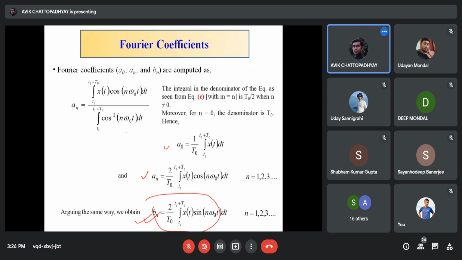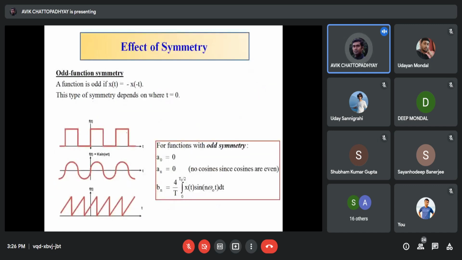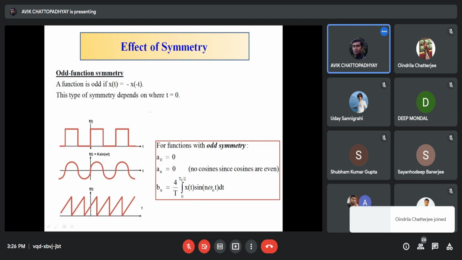Now here in this slide, there are some signals. Like the first one, this, this. Now, can you tell me, from the three different kinds of waveforms that are given, which signal or waveform is actually showing the property of oddness, and why?